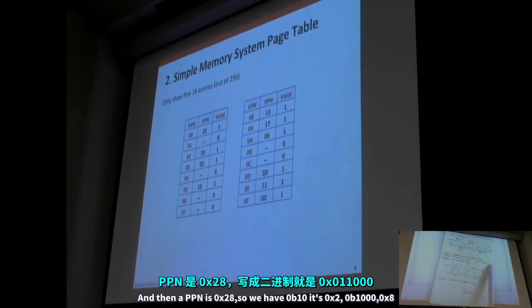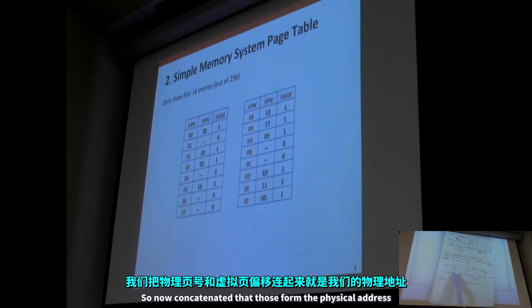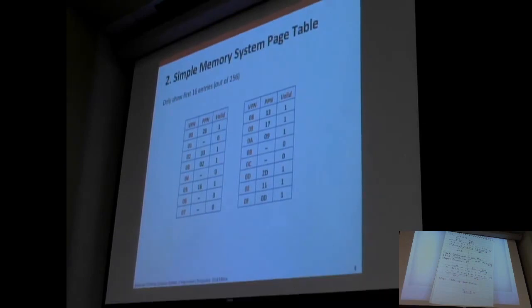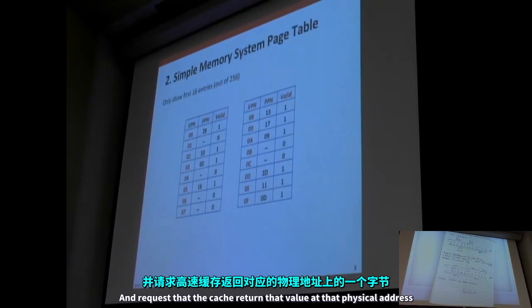And then our PPN is 28, so we have 10, it's 2, 10008. Now concatenated, those form the physical address. And now the MMU has a physical address that it can hand off to the cache and request that the cache return that value at that physical address.